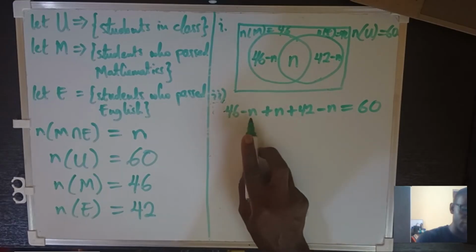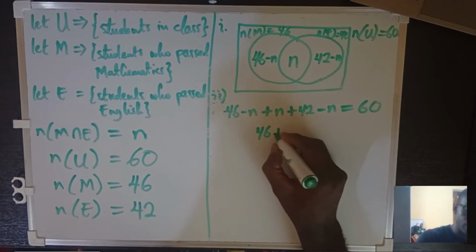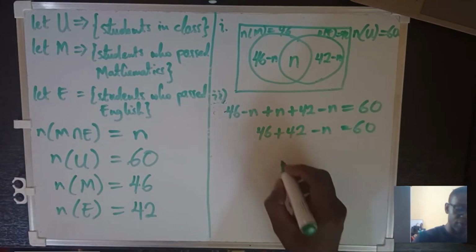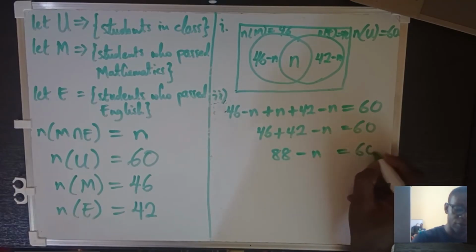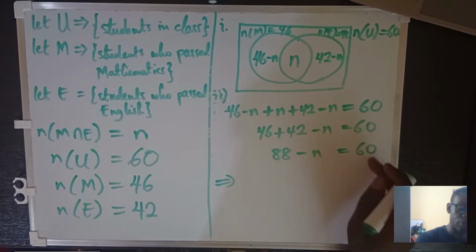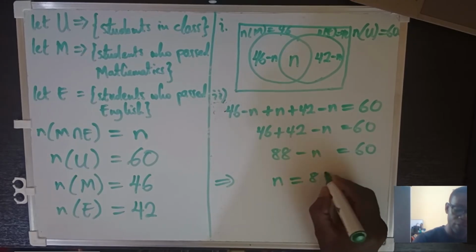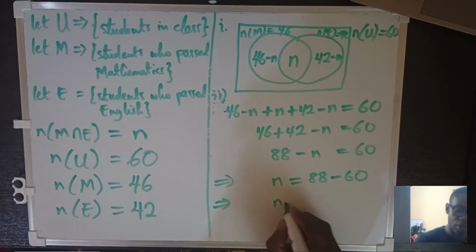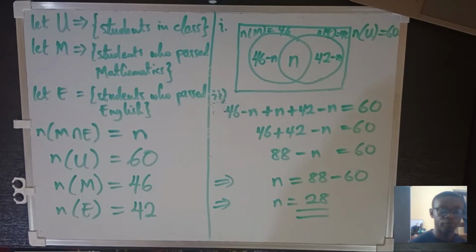The negative n plus n cancel each other out, so we have 46 plus 42 minus n equals 60, which is the same as before. 88 minus n equals 60. You take the n to make it positive, and bring the 60 to make it negative. So n equals 88 minus 60, which gives n equals 28, similar to the previous solution.